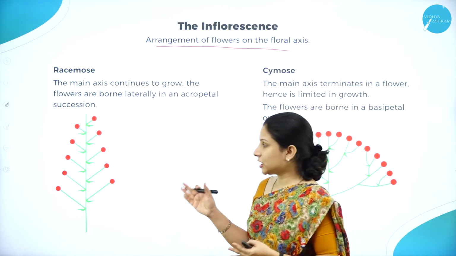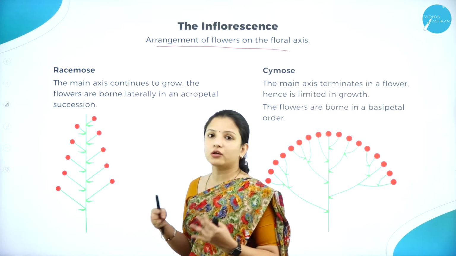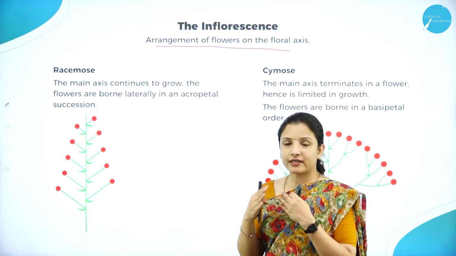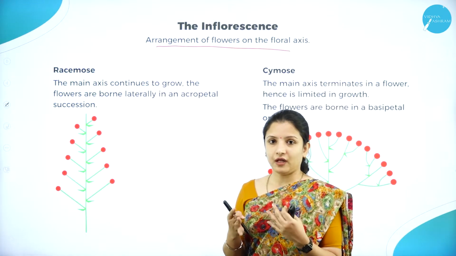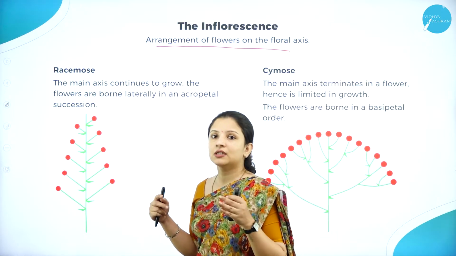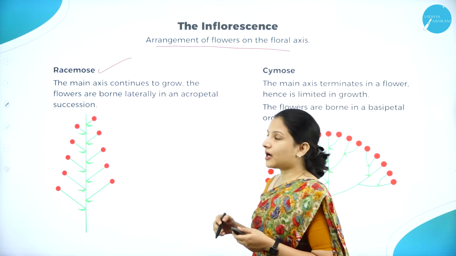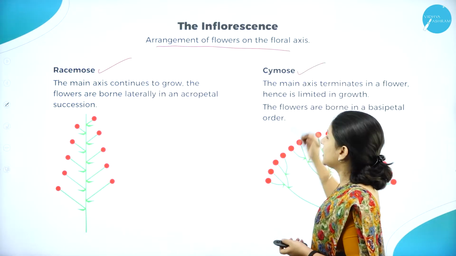But in the case of inflorescence, since more than one or two flowers will be present, I can consider the arrangement of the flowers. When I take the arrangement of flowers on the floral axis, there are two types: one is Racemose inflorescence and the other is Cymose inflorescence.